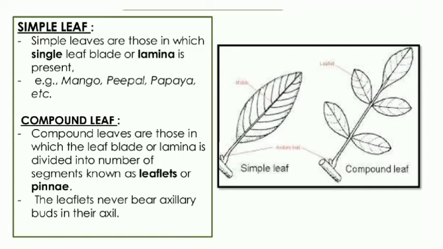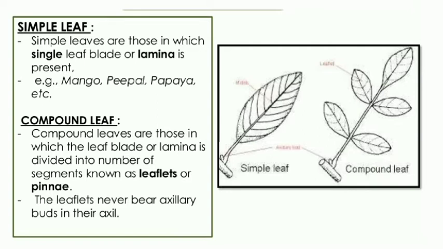Simple leaves are those in which a single leaf blade or leaf lamina is present, where the lamina is complete and not dissected. For example, mango leaf, peepal leaf, papaya leaf, where we can see a complete, non-dissected leaf, which is called a simple leaf.